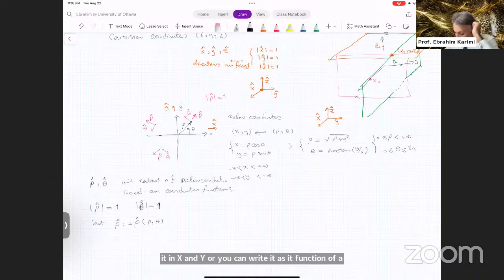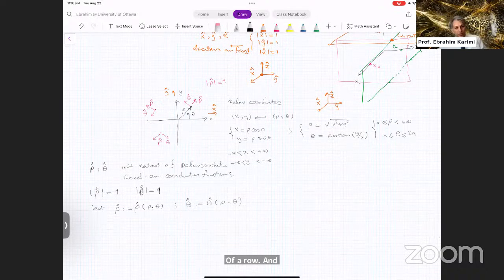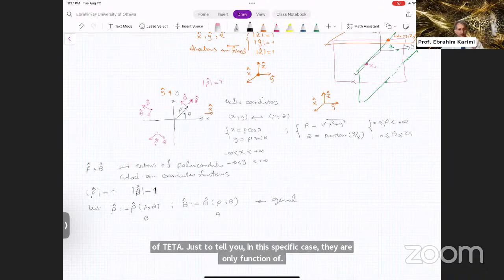And theta hat also is a function of rho and theta. By the way, this is a general formalism. Explicitly, in this specific case, they are only functions of theta. They are not functions of the distance.